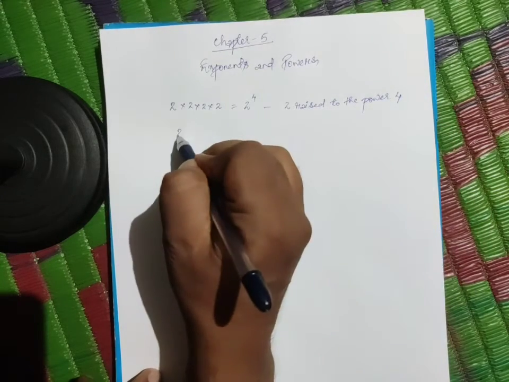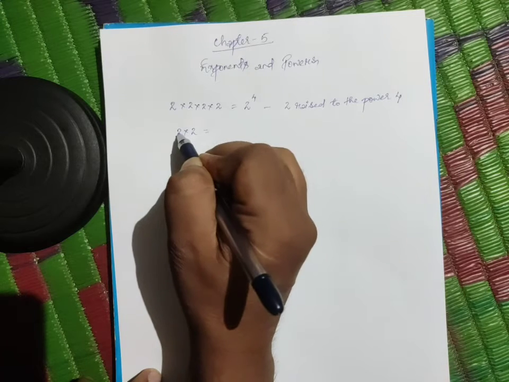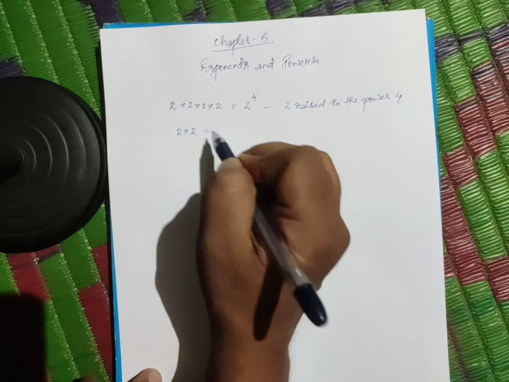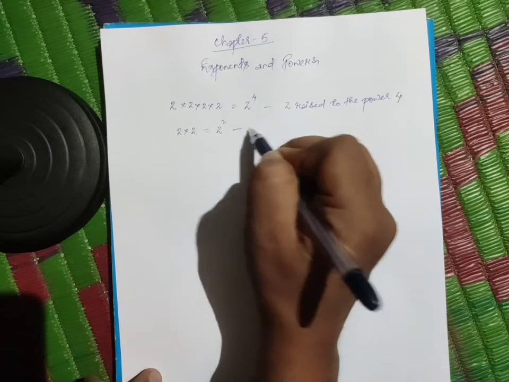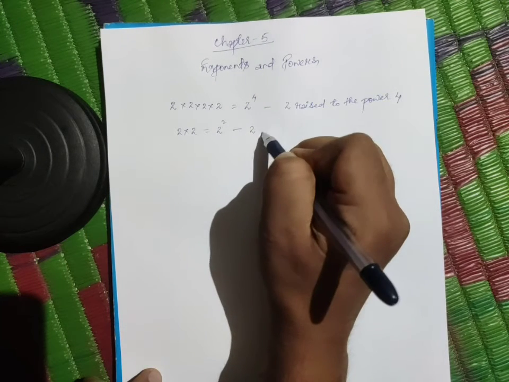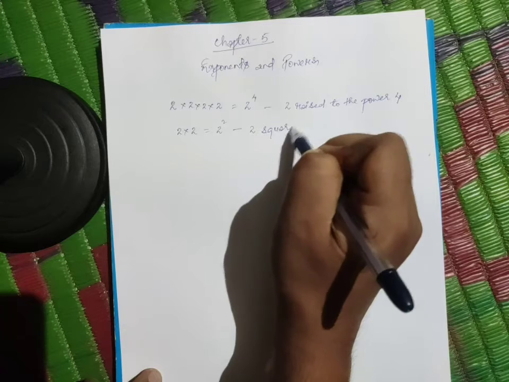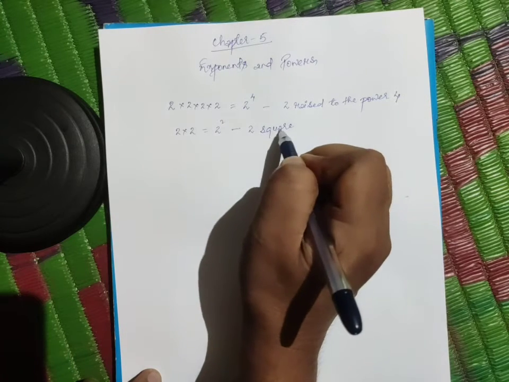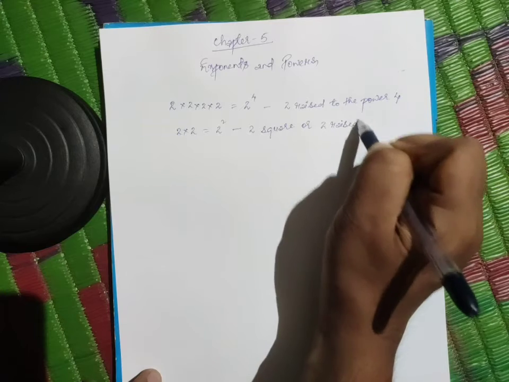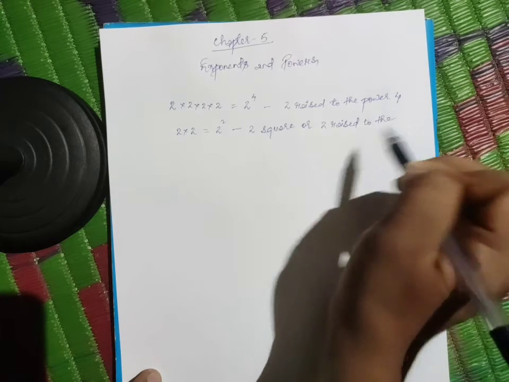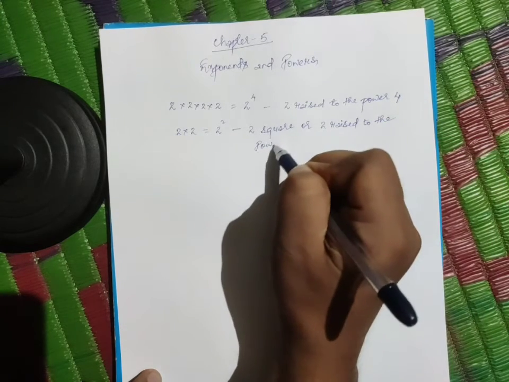Then for example 2 into 2, so here how many times 2 is repeating? 2 times, so we'll write 2 to the power 2. This you can read as 2 square, since the power is 2, or you can say 2 raised to the power 2.